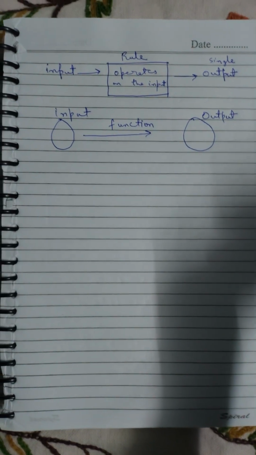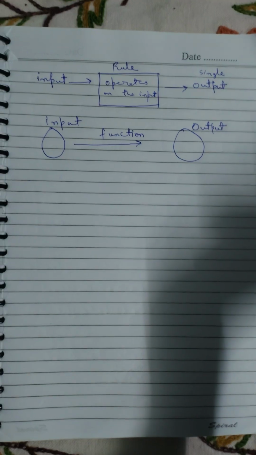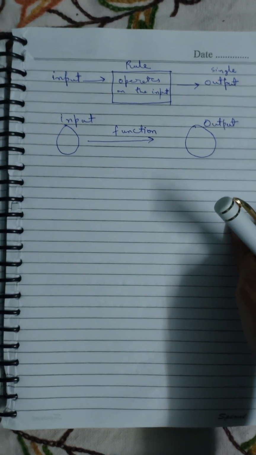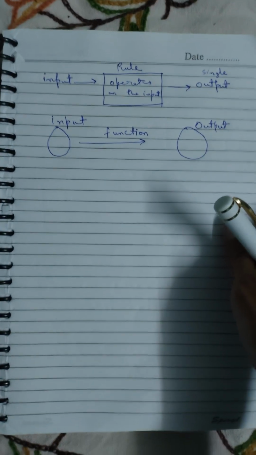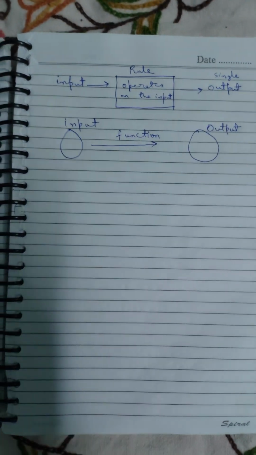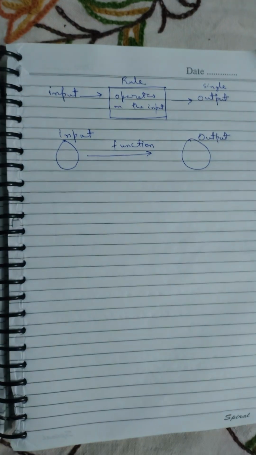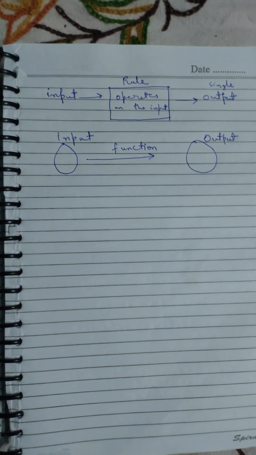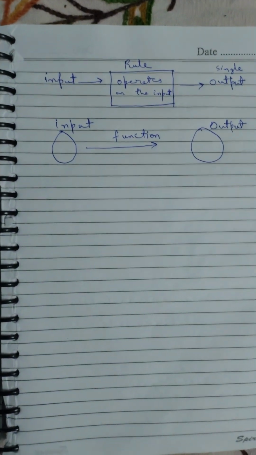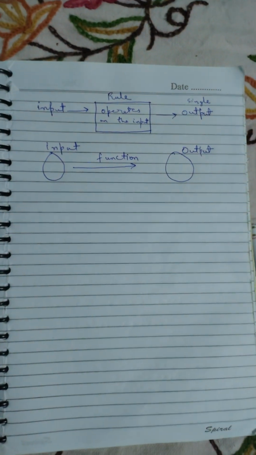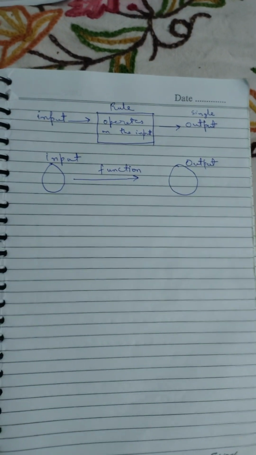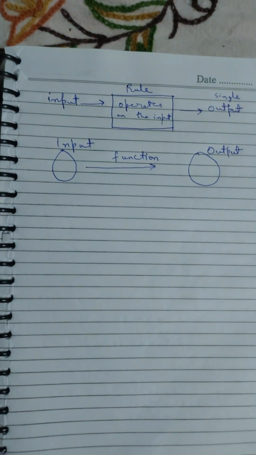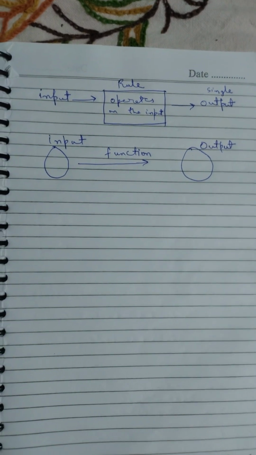This is how a function works. This is very important. So what is a function? A function is a rule, and remember this, it's a rule which produces a single output. Now I'll show you how these functions work.